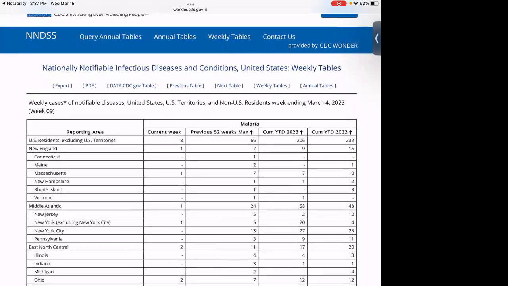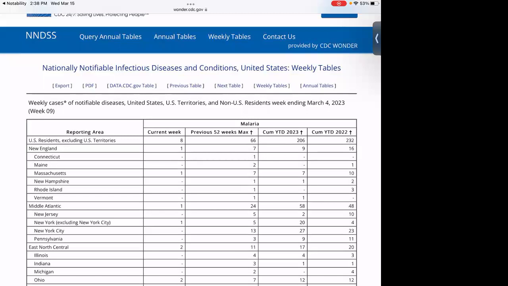This next column, the previous 52 weeks, that's in the last year, the week with the highest malaria count was 66. And then the next column, year to date, 2023, it looks like we've had 206 in the US so far this year. Compare that to last year, we had 232 last year. So we're doing okay. We don't have as much malaria as last year.